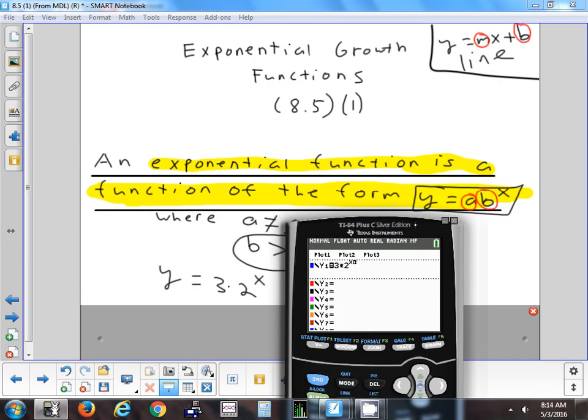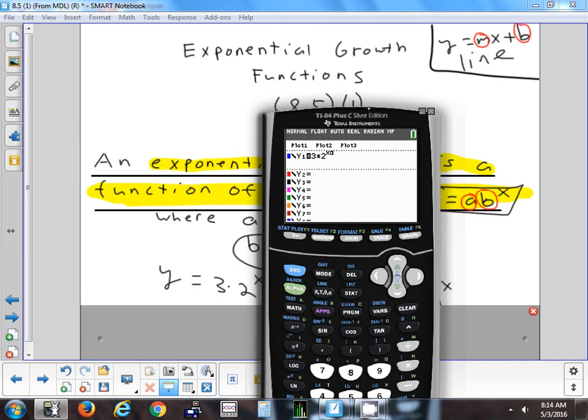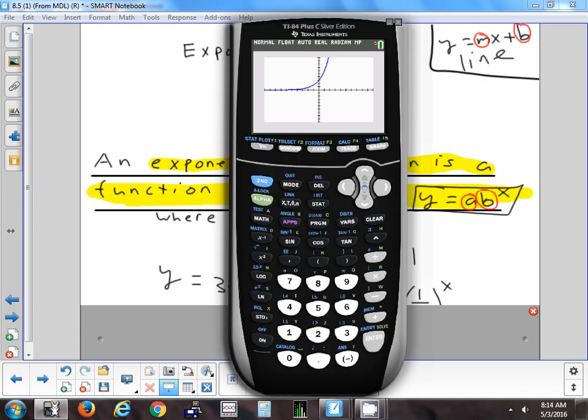So I just typed in that equation right there. Hit graph. Can you see it tracing it in blue? See what it looks like? It kind of looks flat for a while, and then all of a sudden it takes off and grows up very quickly. That's generally what exponential growth looks like.